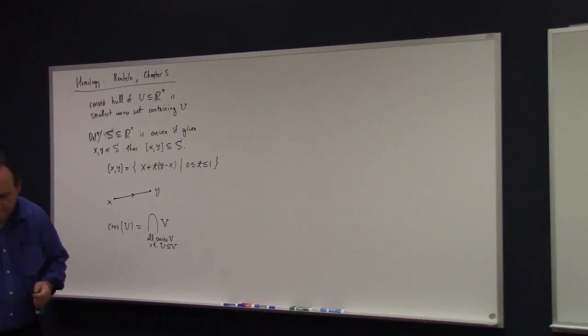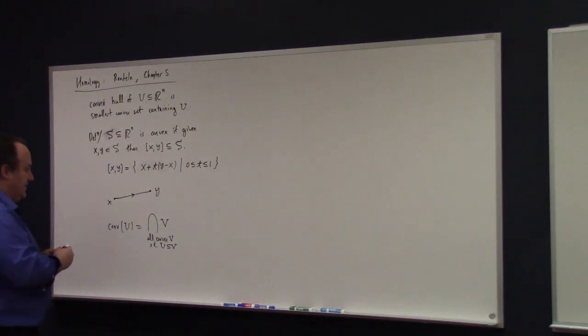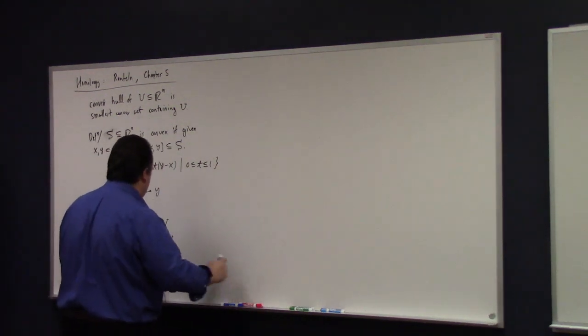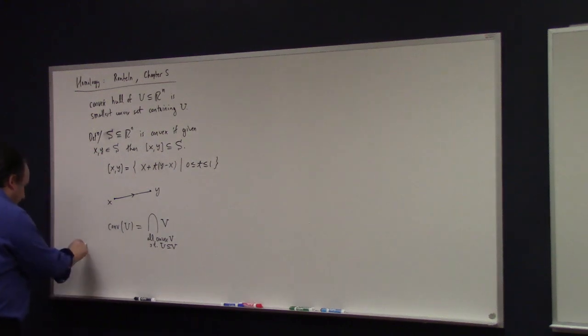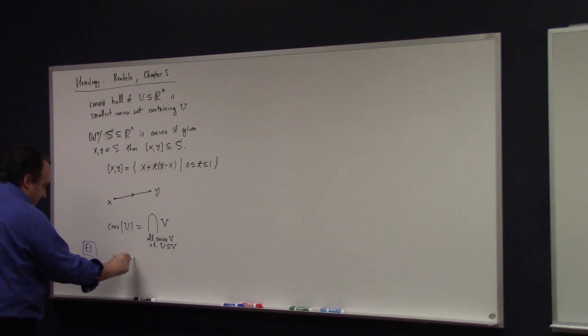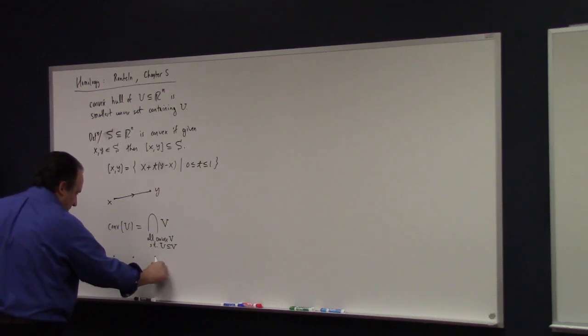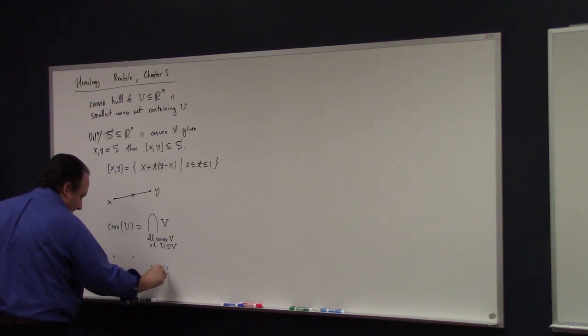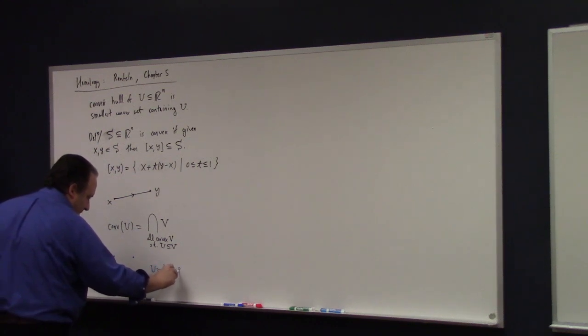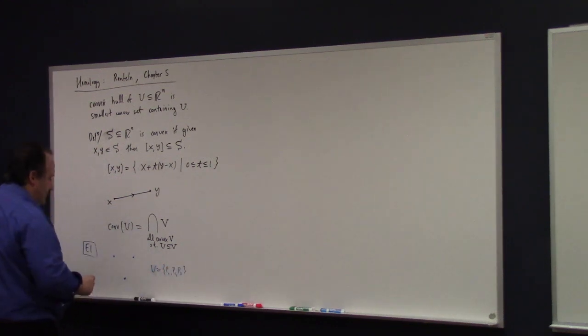All right, so just for an example, if my U was these 3 points, what would the convex hull be?